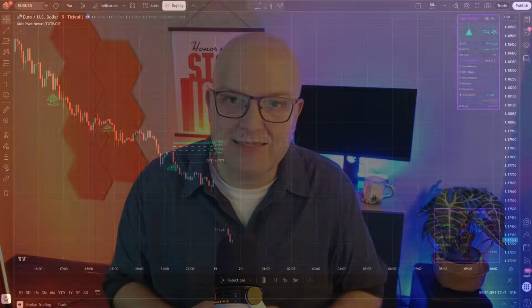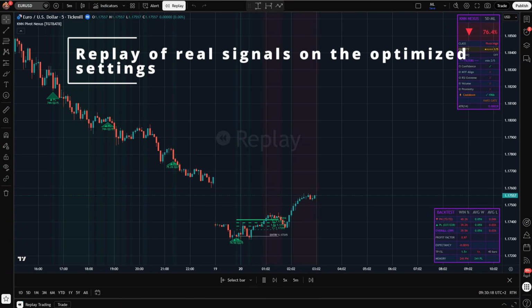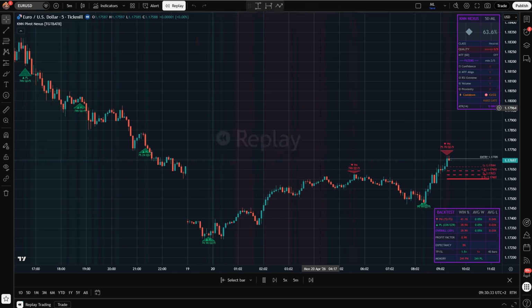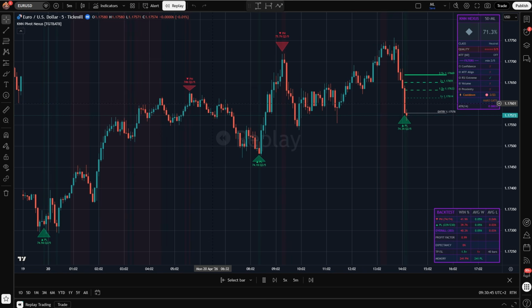In this video, I want to optimize my KNN Nexus indicator for a scalping strategy on 5-minute euro-dollar candlestick charts. The goal is to optimize the setting in regards to the so-called hit rate or success rate. So how often in percent does the indicator correctly identify a pivot, a local high or low, which then led to a reversal.